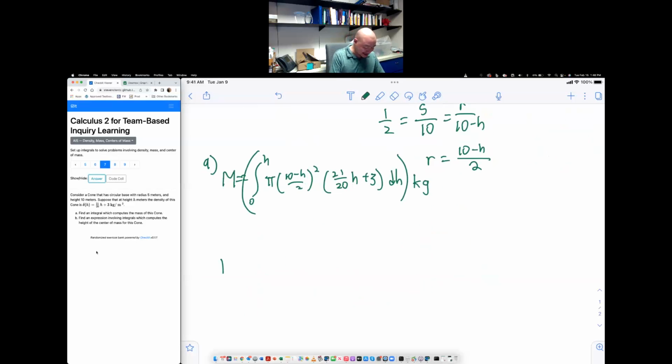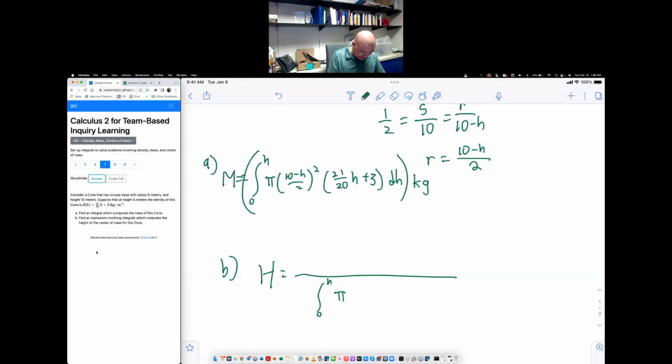All right. For the second part of this problem, we want to know the height at which the center of mass occurs. And so the first thing we want to note is that the entire thing is weighted in the denominator, I'm going to call this h, by the total mass.